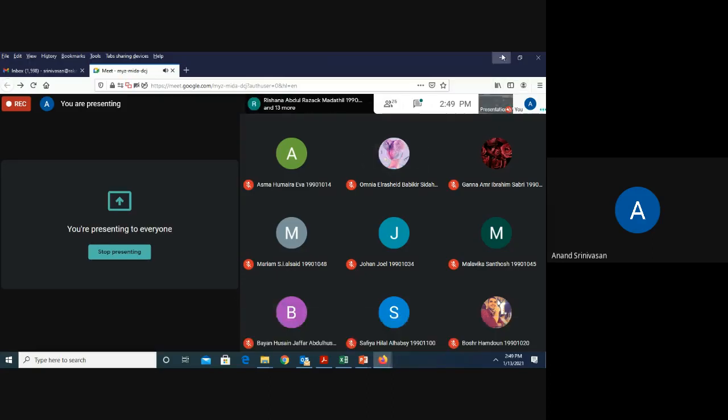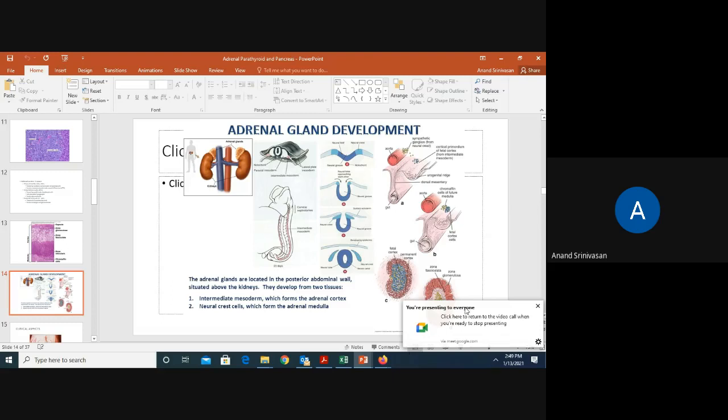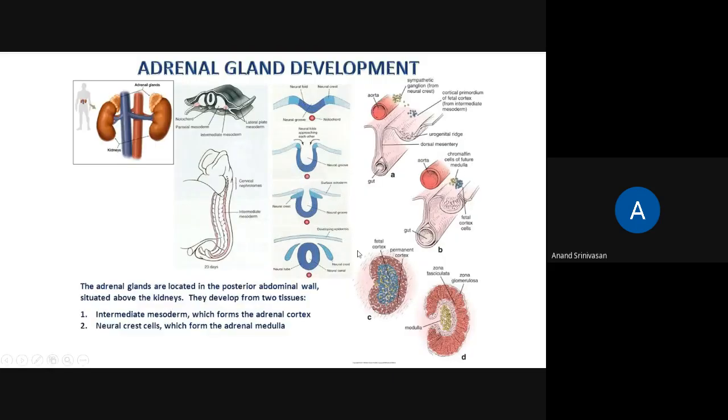So basically, the adrenal gland develops from both mesoderm and neural crest cells. The cortex develops from mesoderm, whereas the inner part, the neural crest cells, forms what is called the adrenal medulla.